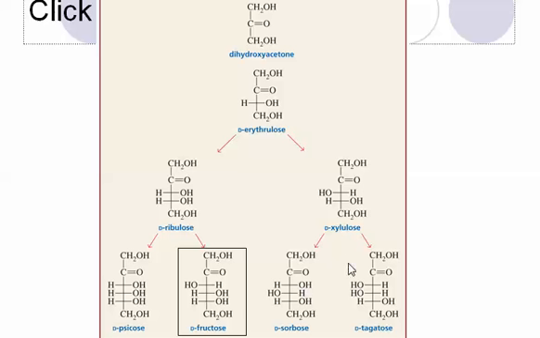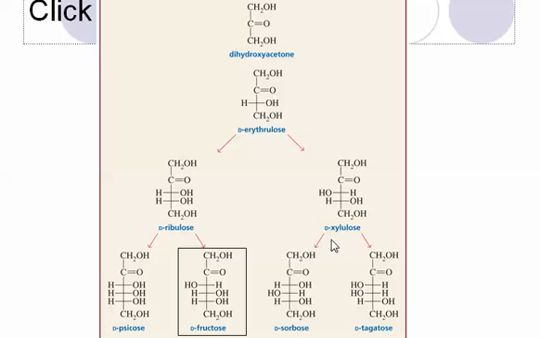That OH group could go left-handed. And from this, I get sorbose and tagatose. So D-sorbose, D-tagatose, D-fructose, and D-psicose.